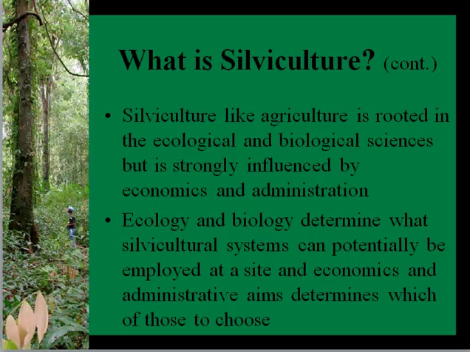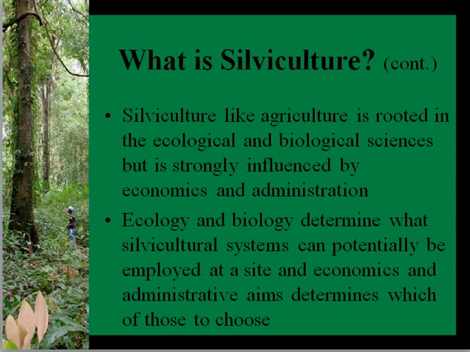So silviculture uses ecology and biology to determine what is possible at a site, and then uses economics and administrative aims and objectives to decide which of those possible alternatives should be used at a particular site.